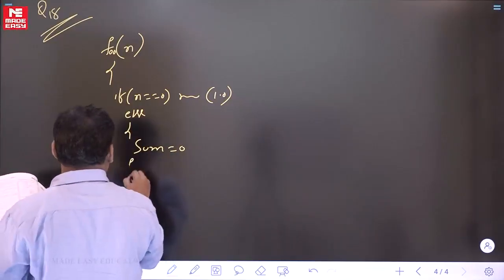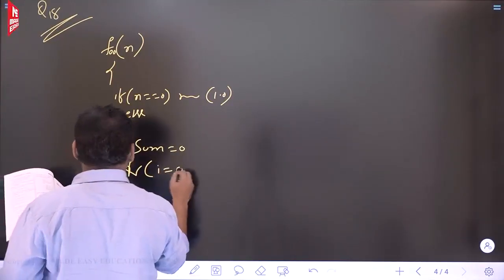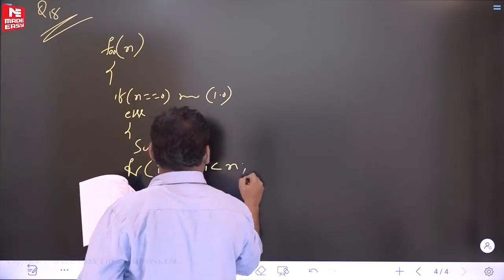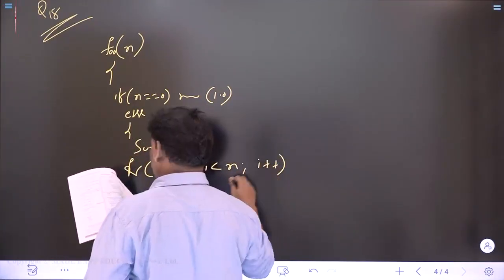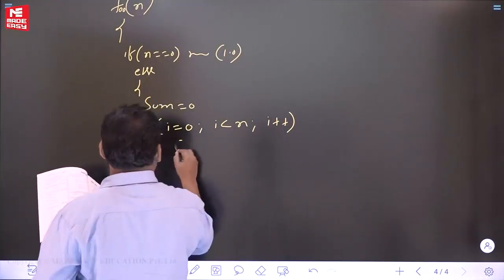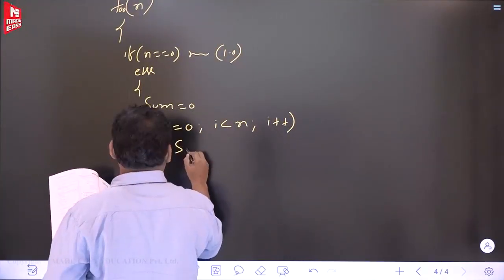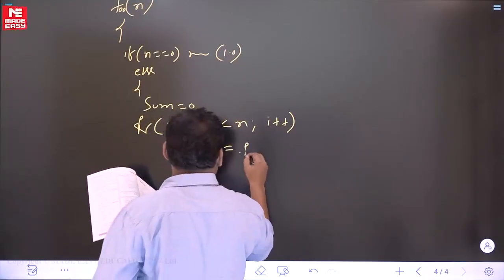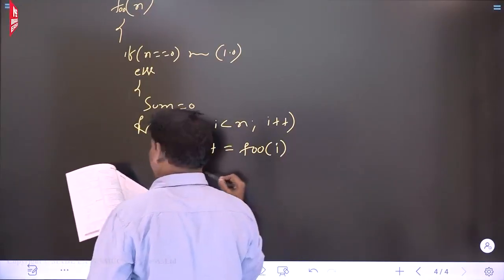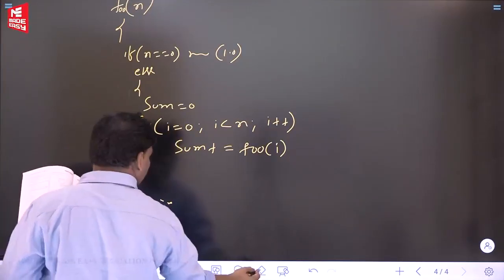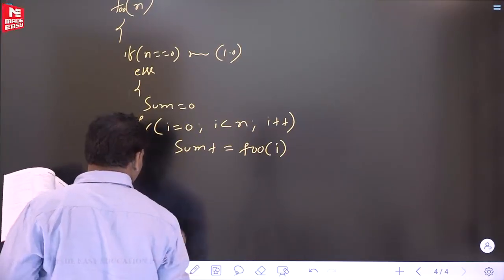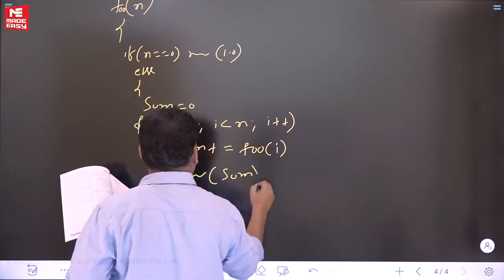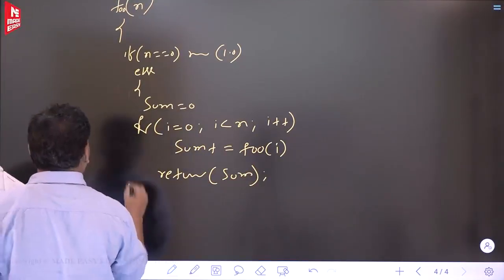Next, for i is equal to 0, i less than n, i plus plus, sum plus equals foo of i. Afterwards, return sum.